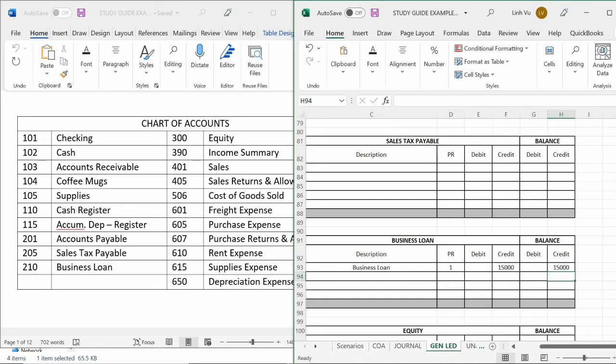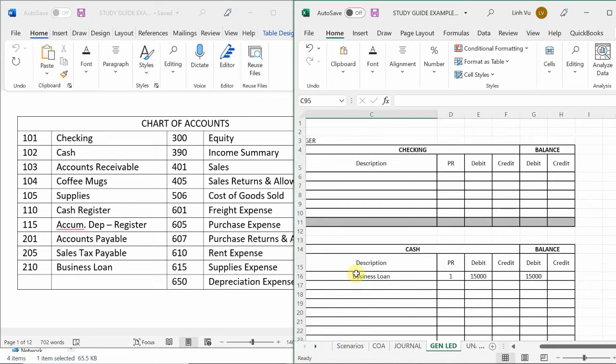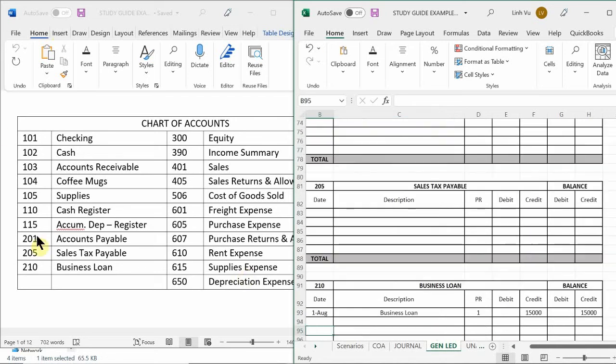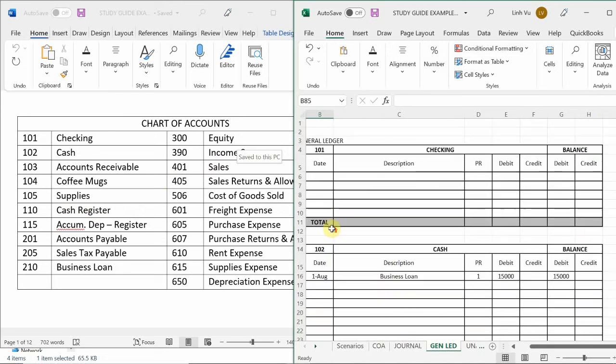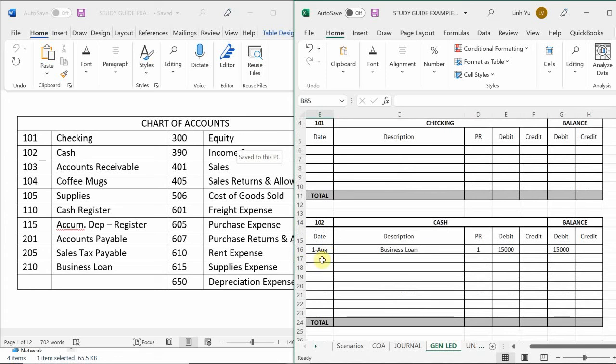Okay. And then we put money into my checking account. Okay.